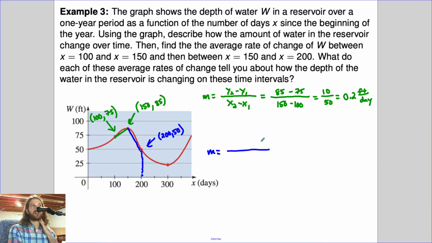So to calculate the rate of change on average between those 2 points, that'll be 50 minus 85, y2 minus y1 over 200 minus 150.